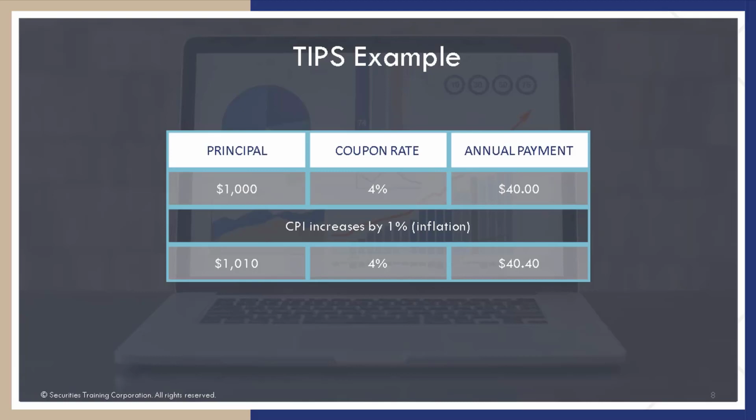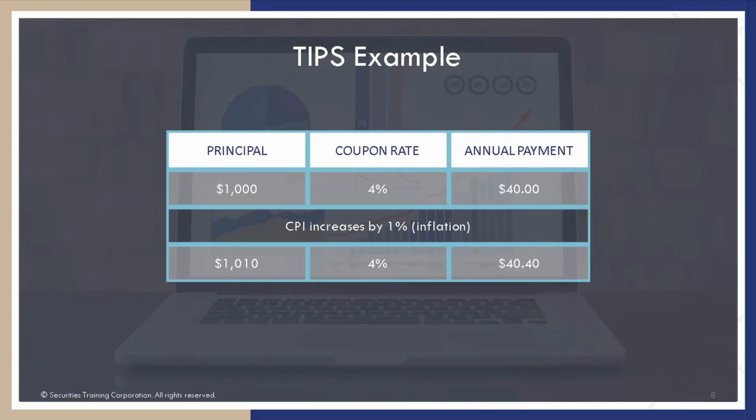Now, what will we get at maturity? We will get the adjusted principal, not just par value. So if at the end of holding this bond with all the adjustments, the principal is now $1,300, then we would get $1,300, not just $1,000. We get the adjusted principal.